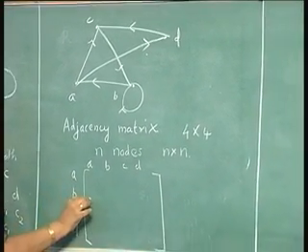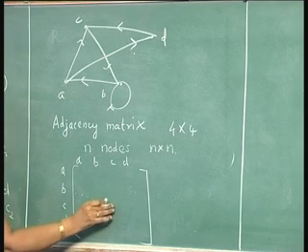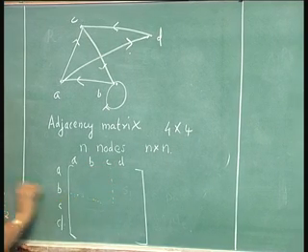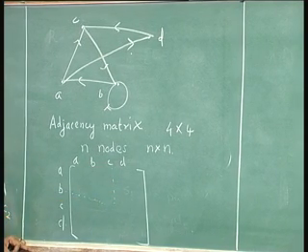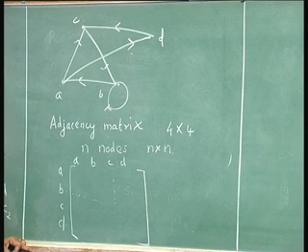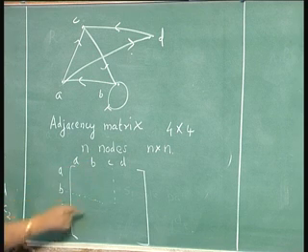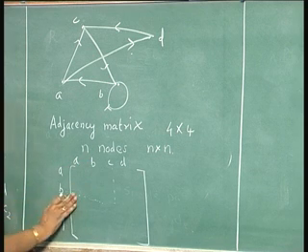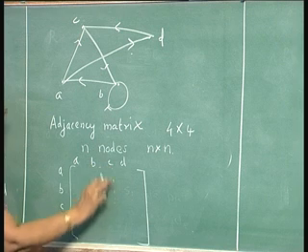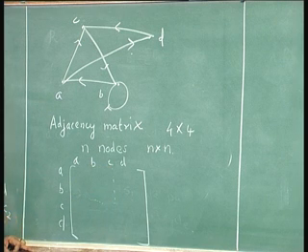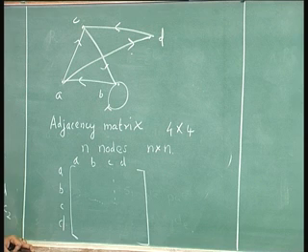Now, the element in the ith row and the jth column is 1 if there is an edge between the corresponding nodes, for example B and C. So, if there is an edge, it is represented by a Boolean 1. This is a Boolean matrix represented by zeros and ones.